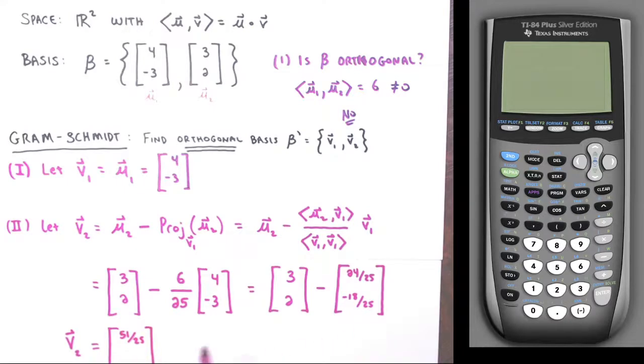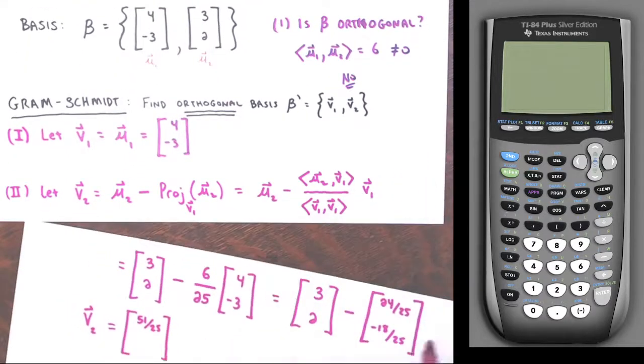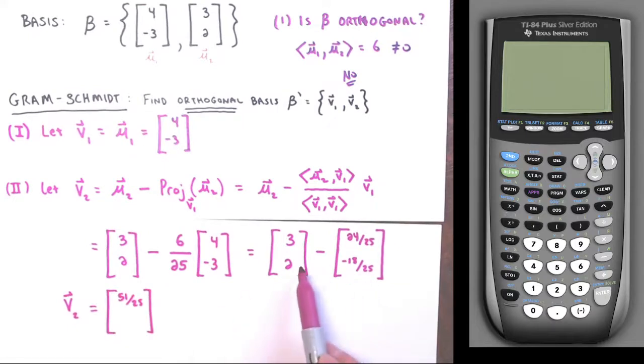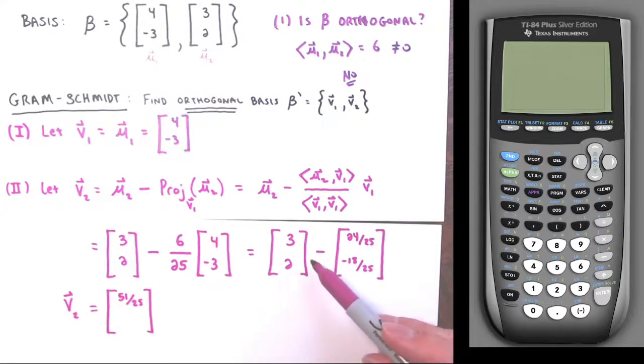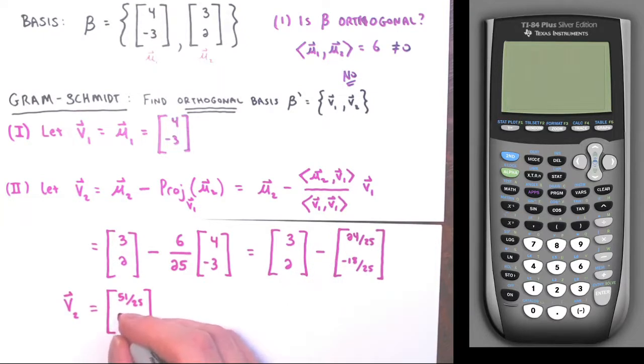All right, and then this is 50/25ths, the number 2, right? 50/25ths minus negative 18/25ths. So that'd be plus 18. So 50 plus 18, that's 68/25ths. And there's V2.